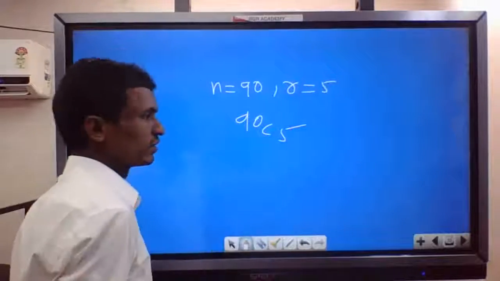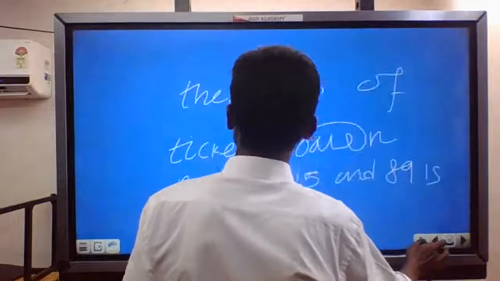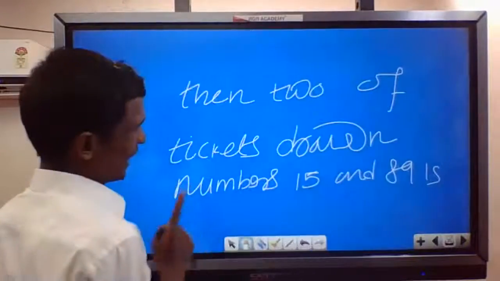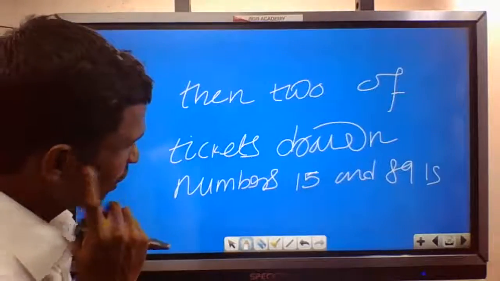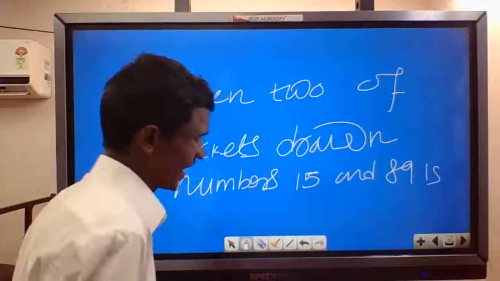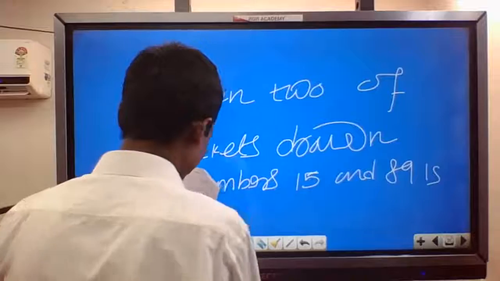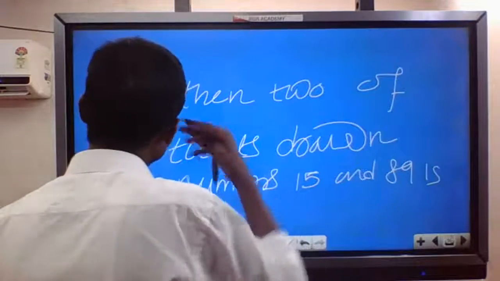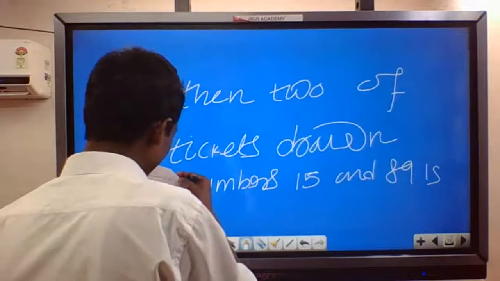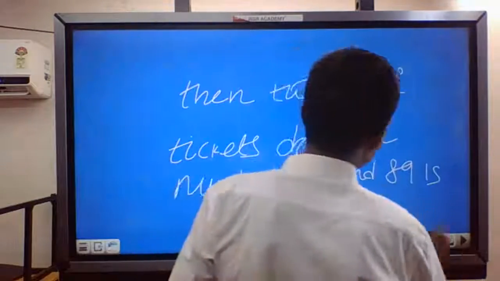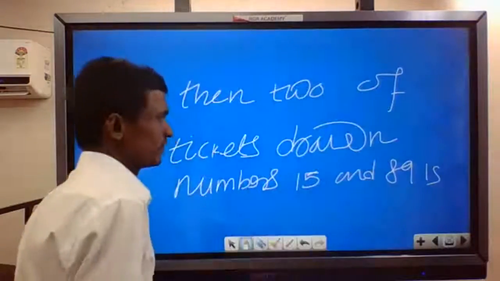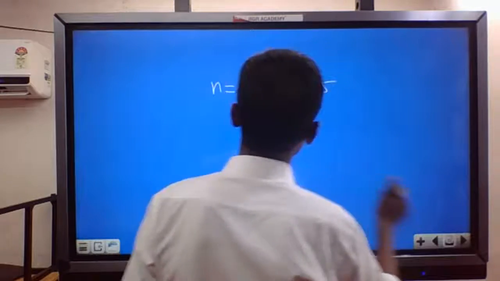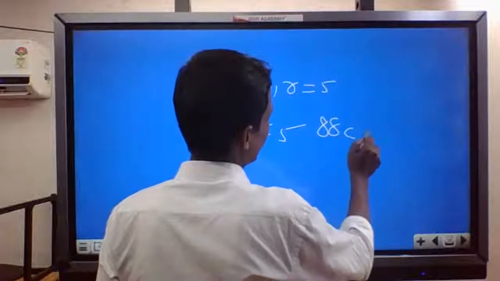Next, two of the tickets drawn are 15 and 89, so we get 88 C3.